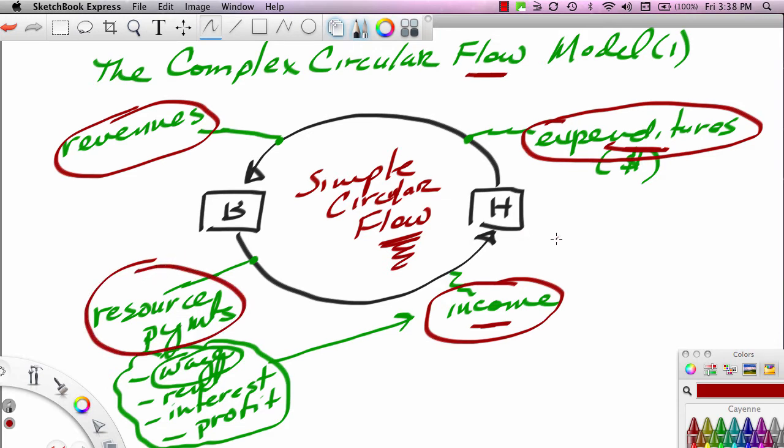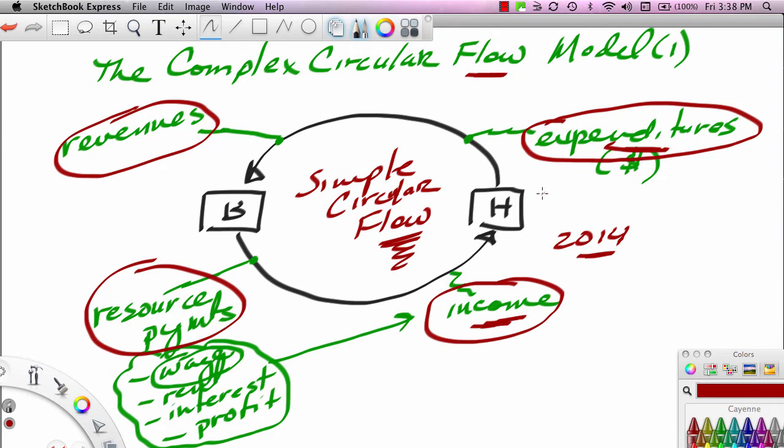So let's say this data is for 2014. This is the incomes paid to members of households in that year and that year only. These are the expenditures made by those households in 2014 and in no other year. Now look, households are using things all the time that they bought in previous periods. For instance, I drive a 2003 Camry. That car was counted as part of expenditures way back in the early 2000s.